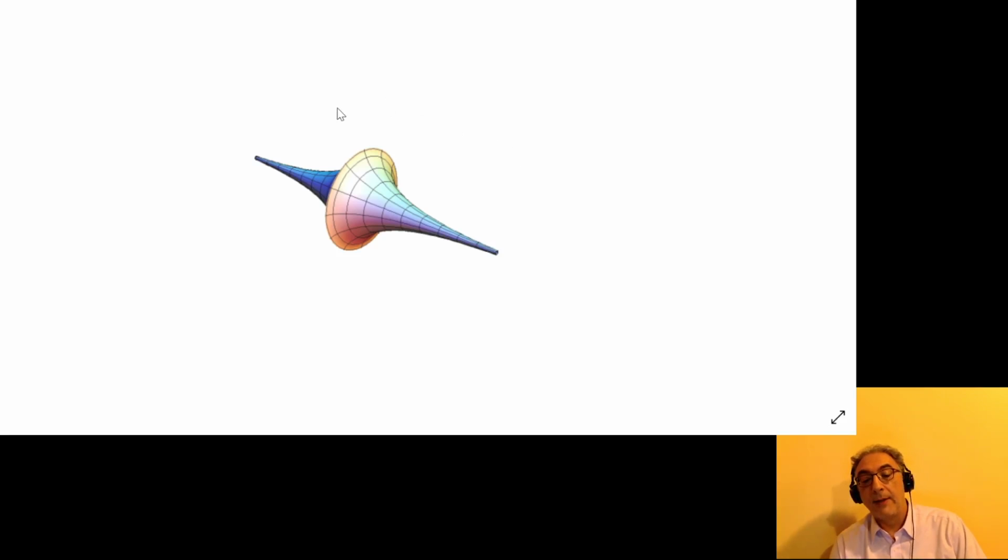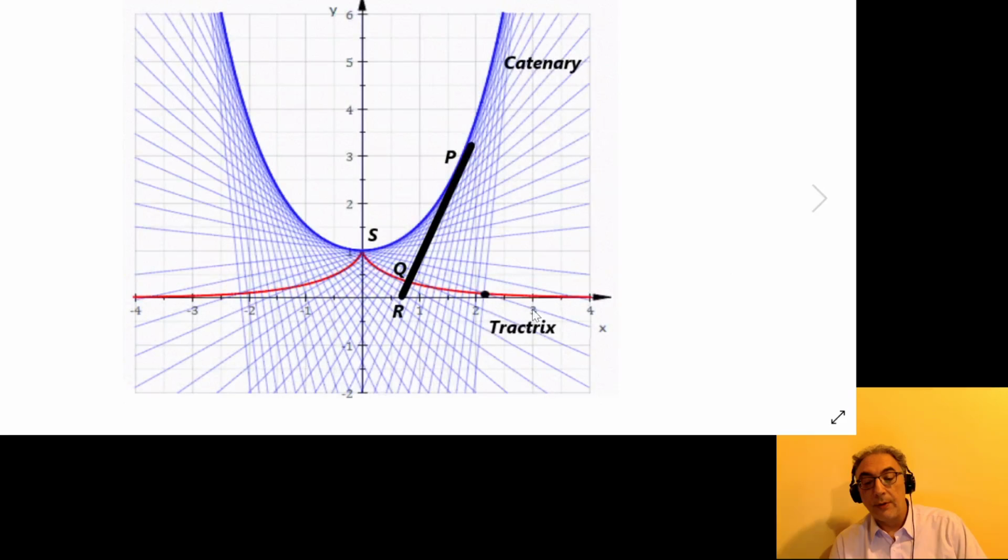The first, as a sphere of imaginary curvature, so as a sphere in momentum space, and secondly, as emerging out of a cross-section which records on our screen always a catenary together with its underlying tractrix.